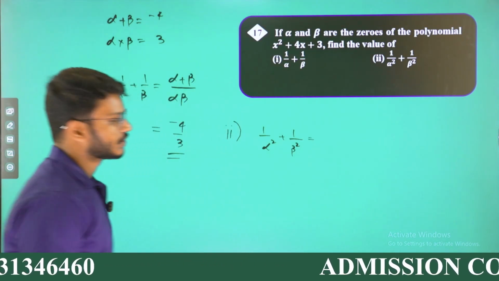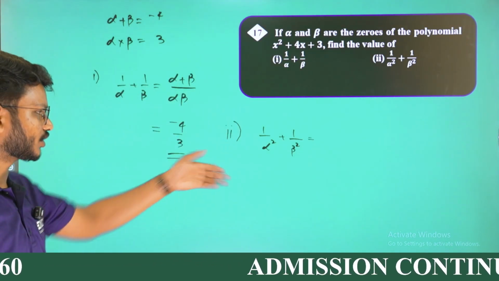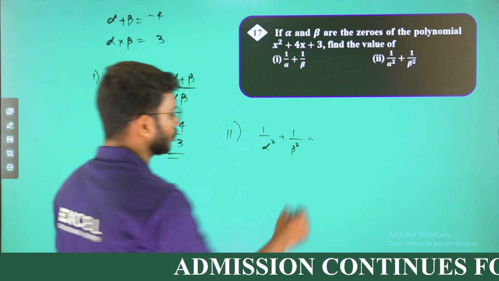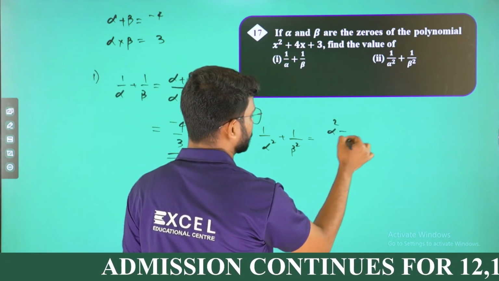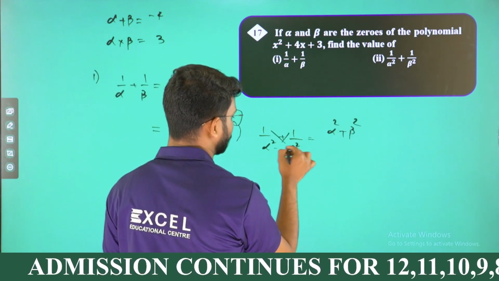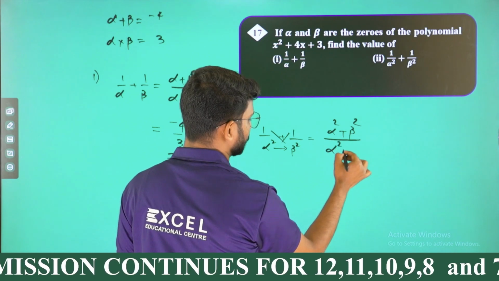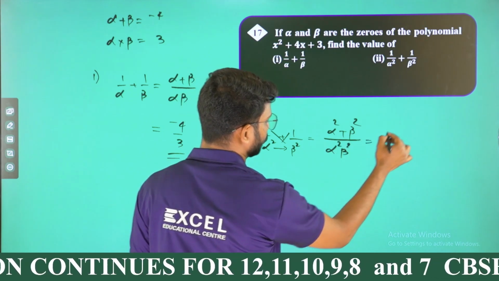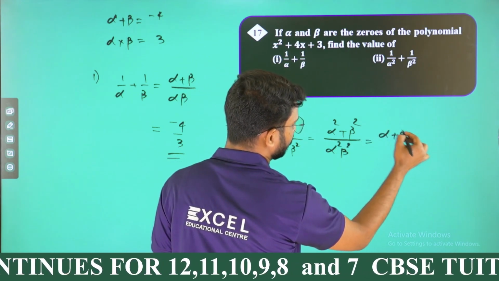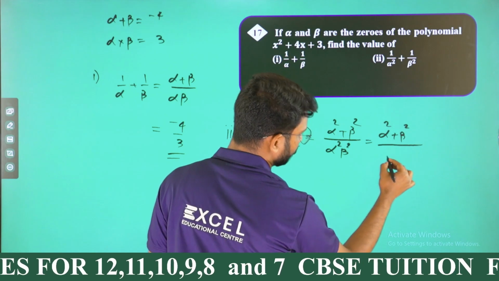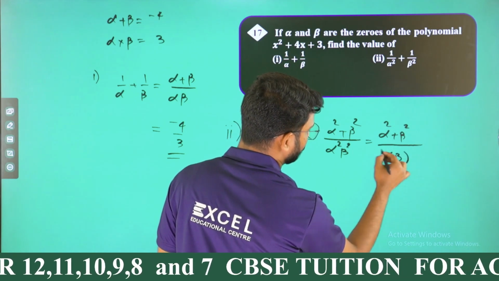Next, the second one, we have to find 1 by alpha square plus 1 by beta square. Here we can cross multiply. It becomes alpha square plus beta square, then alpha square into beta square, which is alpha square plus beta square by alpha beta the whole square.